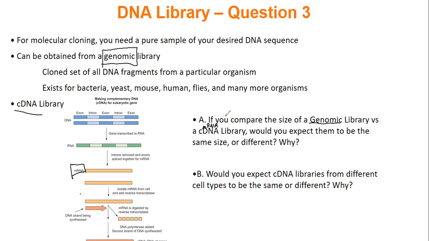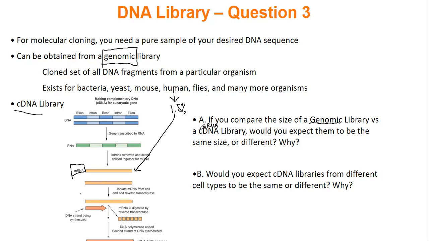And we just learned at the beginning of today that if we're looking at humans, only 1.5% of human DNA codes for proteins. And a cDNA library is made from mRNAs. So just think about humans. A cDNA library would be 1.5% of the genome. A genomic library would be 100% of the genome.